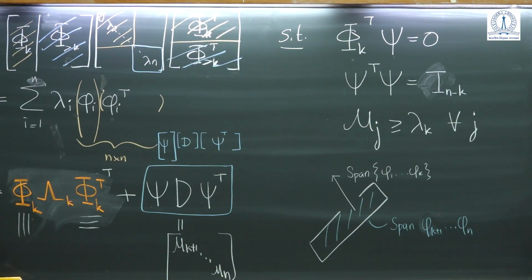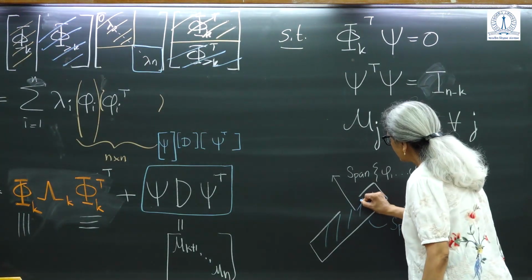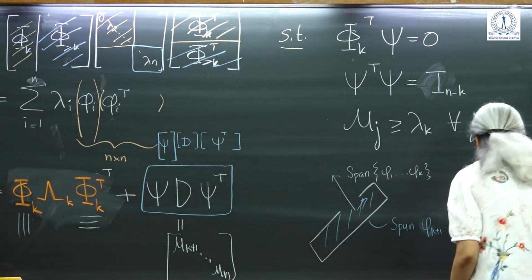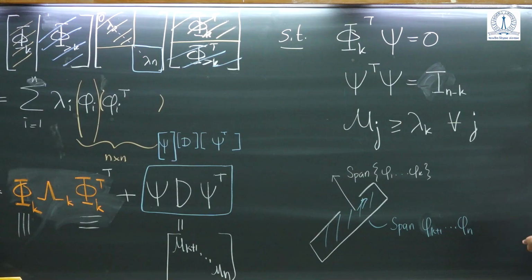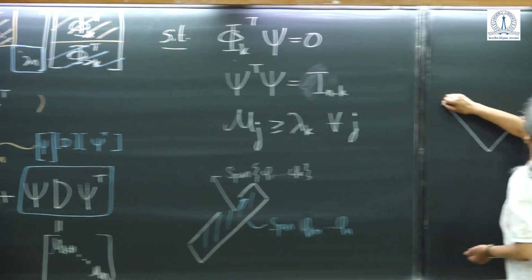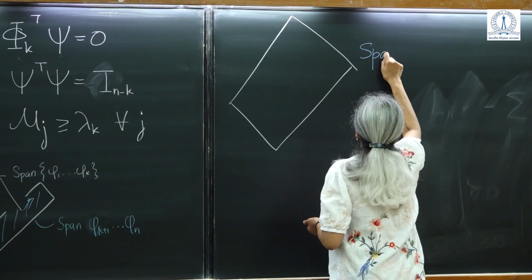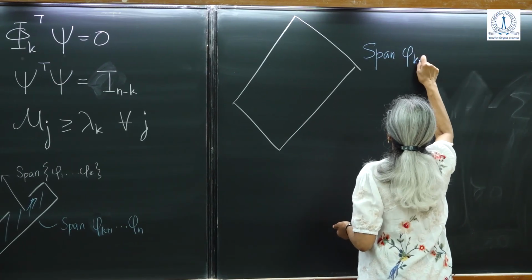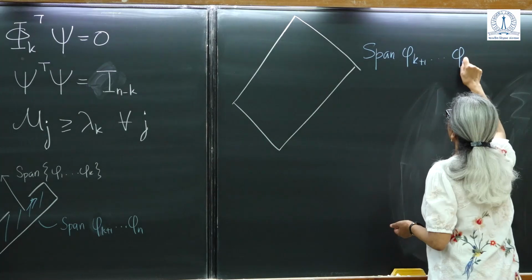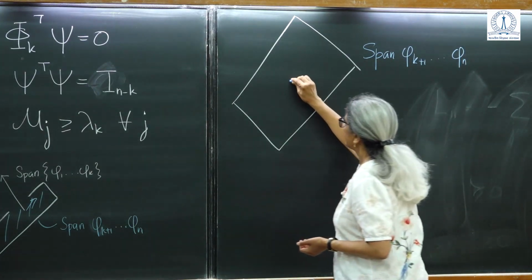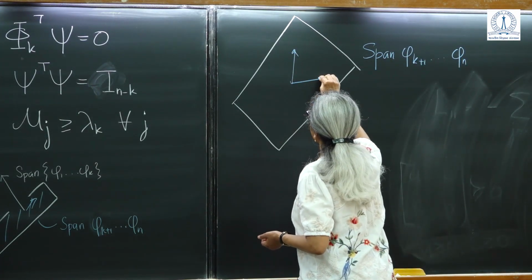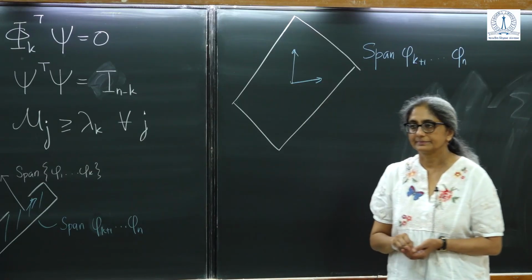So the phi k's are living here, okay? This is too small a picture. Let's enlarge that picture, okay? So this is the span of phi k plus 1 up to phi n, okay? And the phi k's themselves are some orthogonal vectors that are living here.